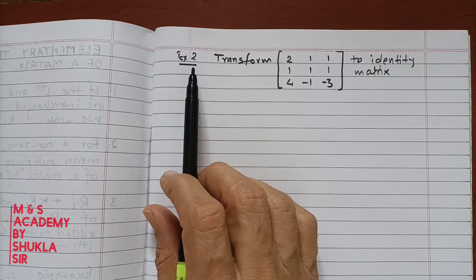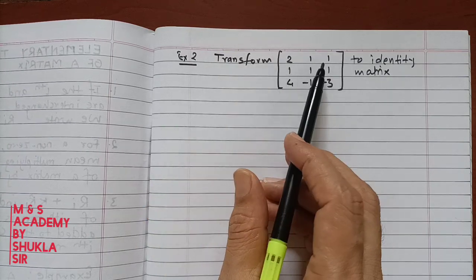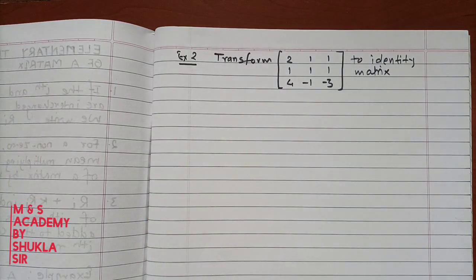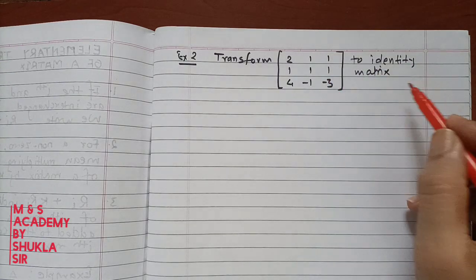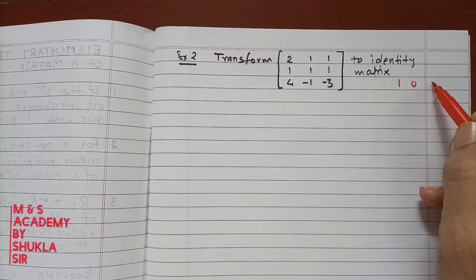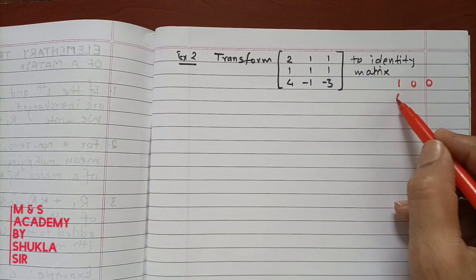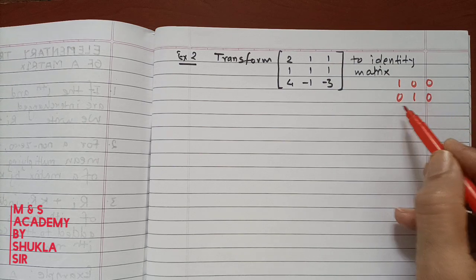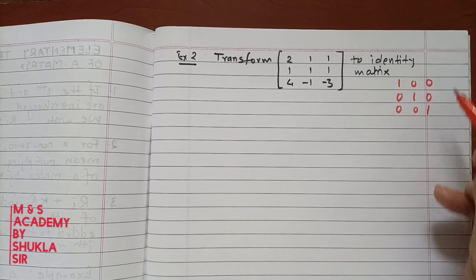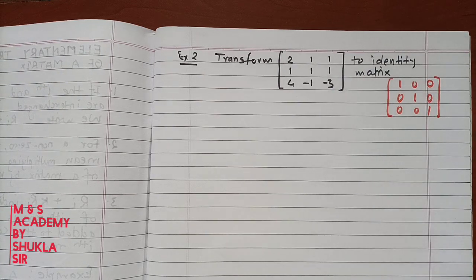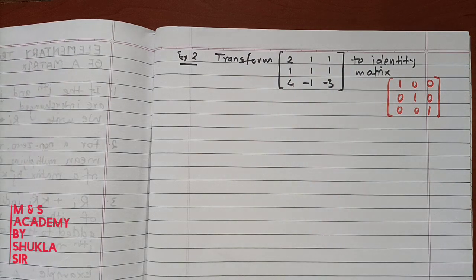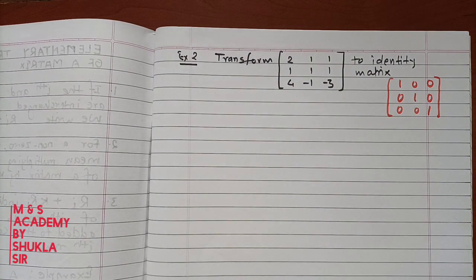Consider the second example. Suppose we want to transform this given matrix to an identity matrix. Identity matrix means we want to write the given matrix in the form of 1, 0, 0, 0, 1, 0, 0, 0, 1. This is called the identity matrix. So we'll do this only by row transformation.